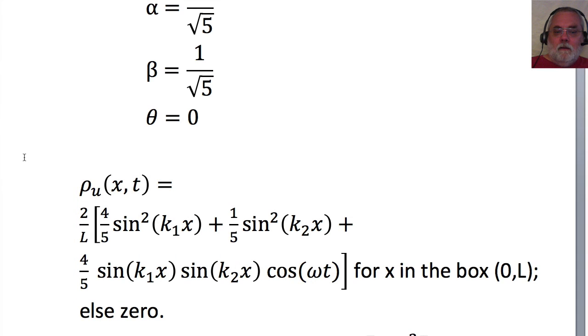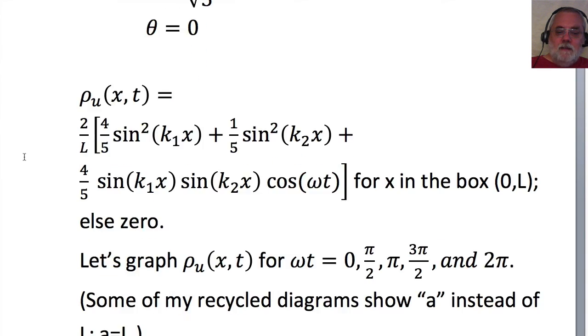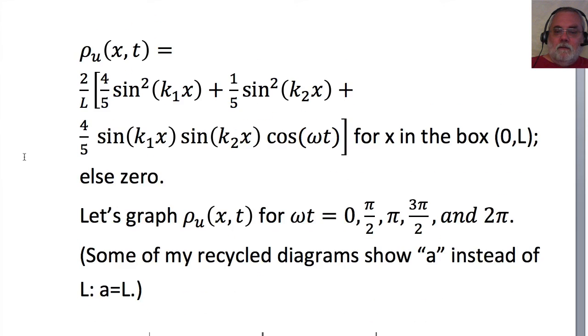Now, let's graph this. The way that I'm going to graph it as a function of time is I'm going to pick 5 particular times. So I'm going to graph the spatial function at 5 different times. I'm going to separate them vertically, and I will explain.